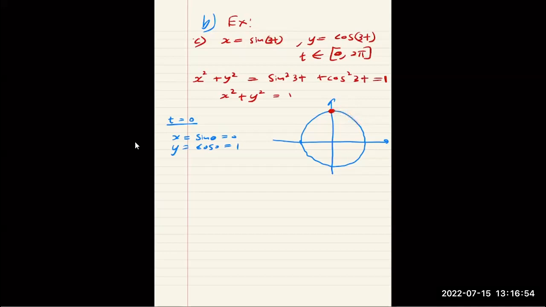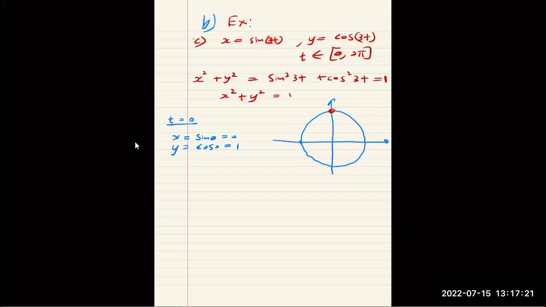Now all you need to figure out is how many times it will be rotating. Will it be rotating only 1/2, or will it be completing a full circle, or will it be going around the unit circle multiple times like this? It's again easy. We know that this completes 3 periods in this interval. For t in this interval, these two parametric functions complete 3 periods because this coefficient is 3.